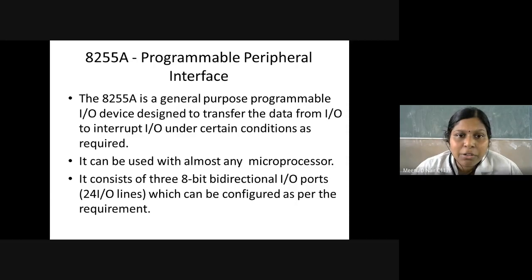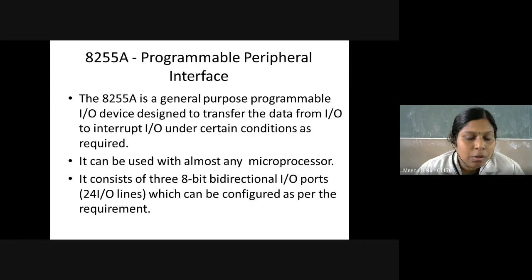So you are using the 8255 as an interfacing unit to connect the microprocessor and other devices to transfer and receive data. This is a general purpose programmable input output device, designed to transfer data from input output to interrupt input output under certain conditions as required.